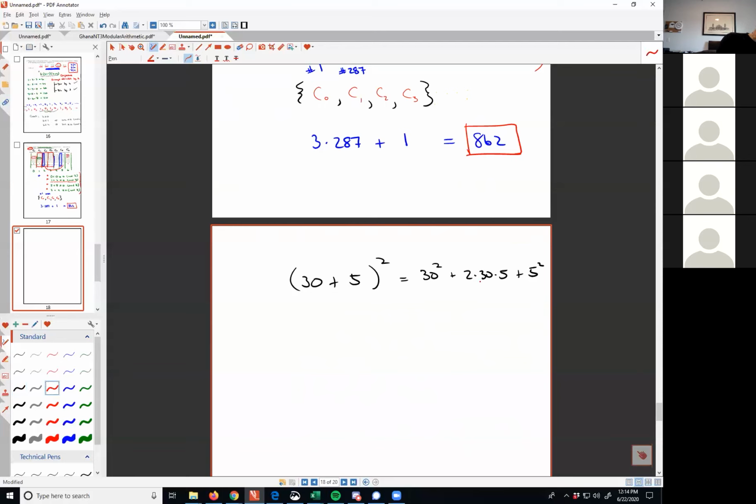The reason 5 is special is because it multiplies with that 2 to make it 10. And so we get 30 squared plus 10 times 30 plus 25. And that 30 squared is really, wait a minute.